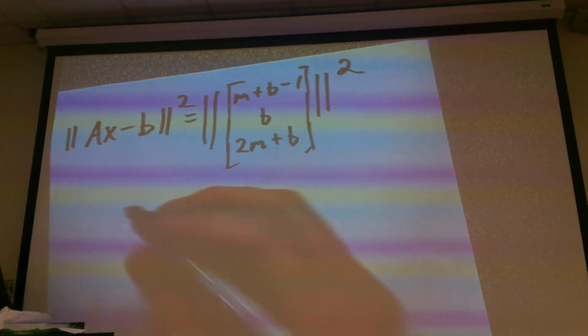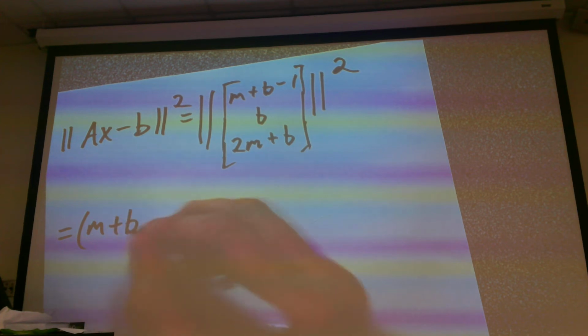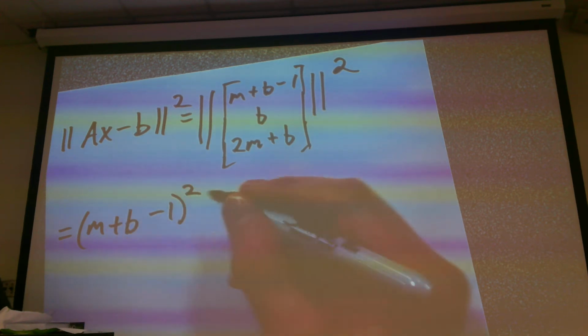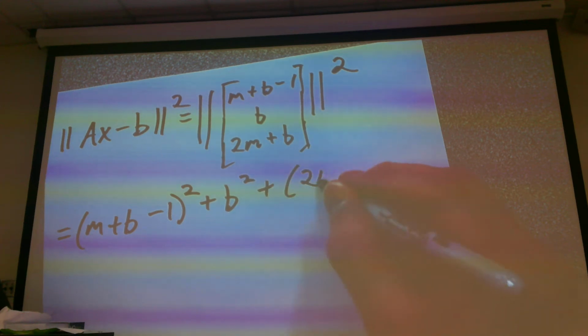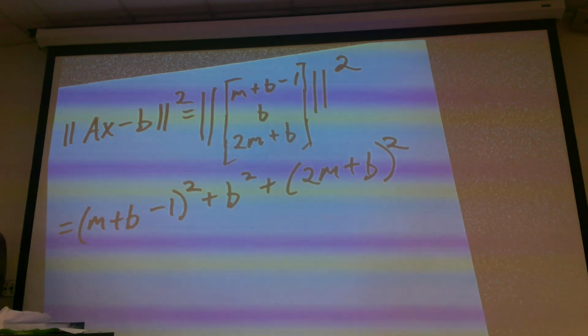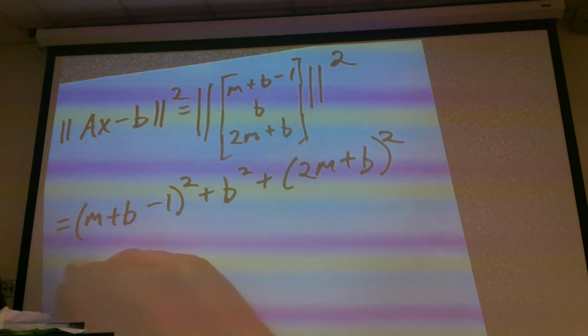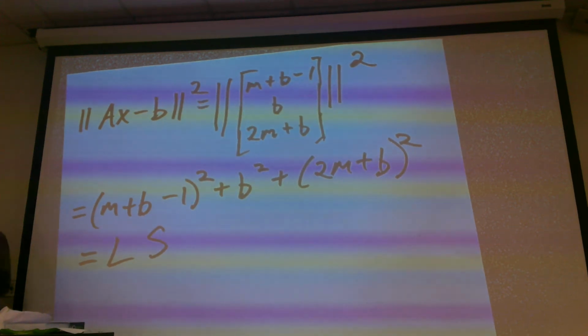So this thing is going to equal m plus b minus 1 squared plus b squared plus 2m plus b squared. And we will call that LS for least squares.